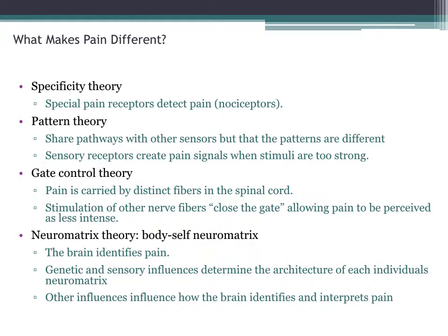We talked in pharmacology about the gate control theory, where pain is carried by distinct fibers in the spinal cord, and stimulation of other nerve fibers close to the injury is able to close the gate, allowing the pain to be perceived as less intense.